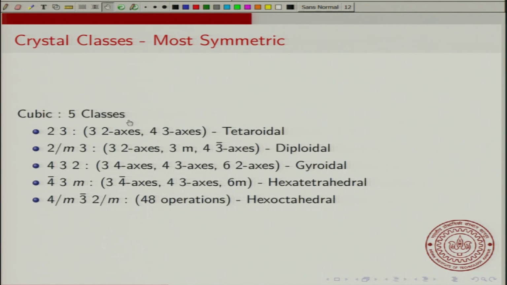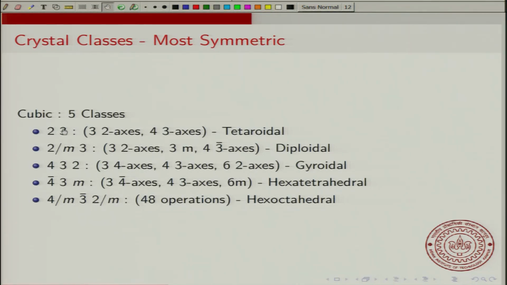There are 5 crystal classes in the cubic system, and these have names. In crystal class terminology, they have slightly different names than the point group names, but in any case, I am just listing these for completeness.